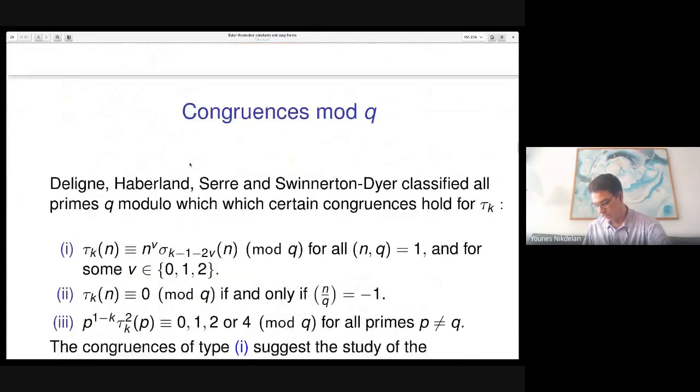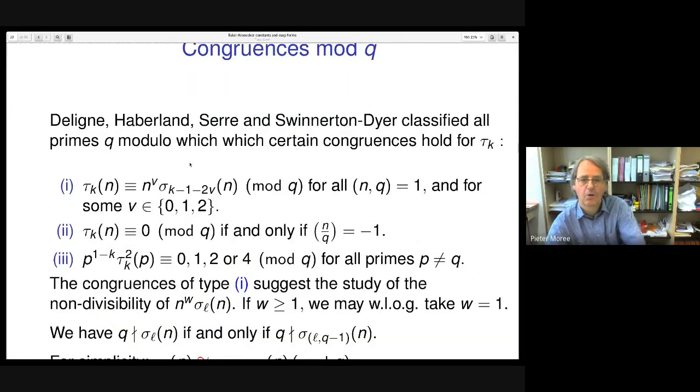Yeah, thanks. And so what Serre and Swinnerton-Dyer did was to create a systematic theory of these congruences. For these special primes, 2, 3, 5, 7, 23, and 691, Ramanujan had written down some congruences, and after him various other mathematicians started to look for congruences, also for other cusp forms.